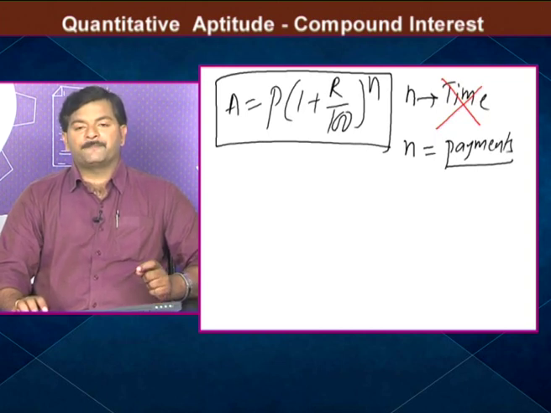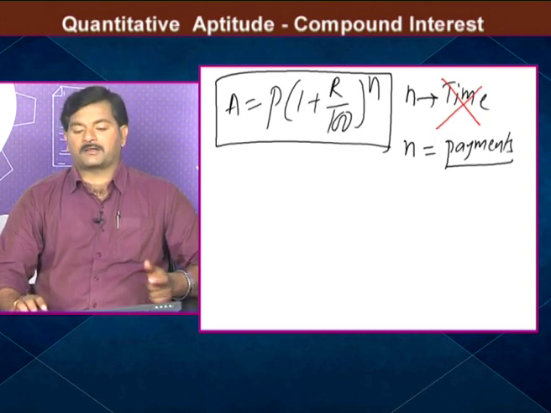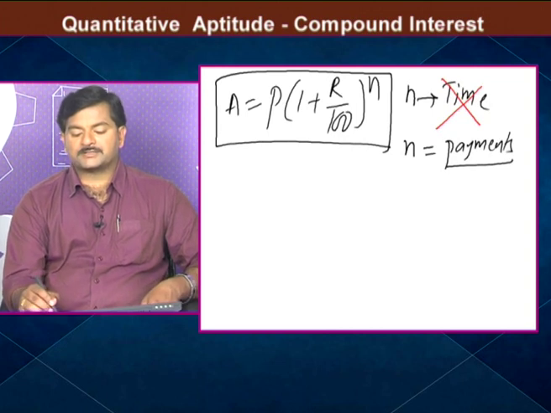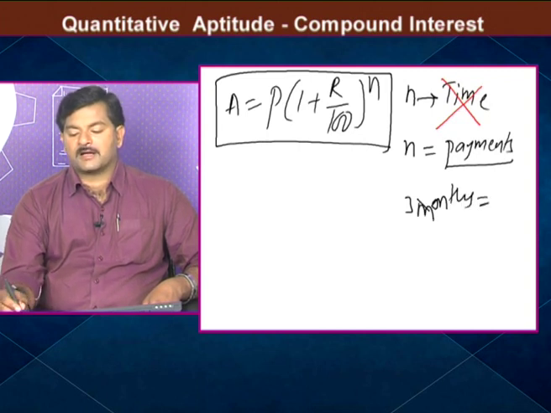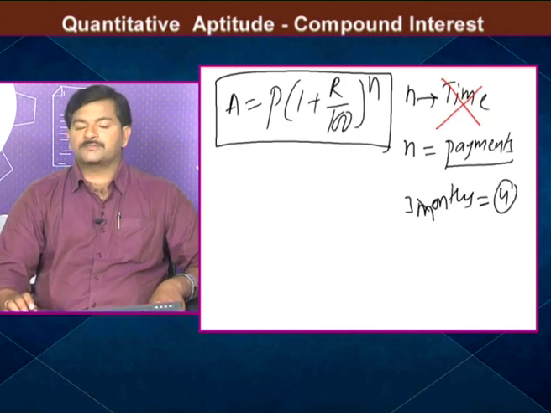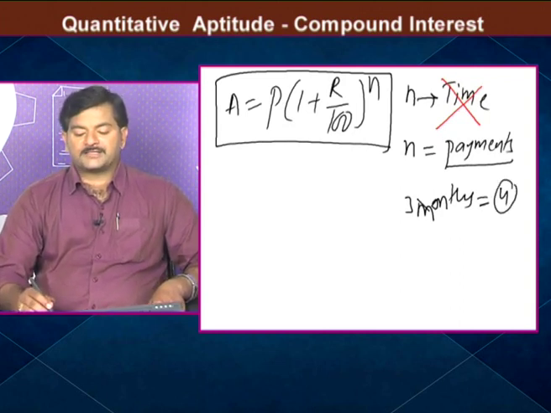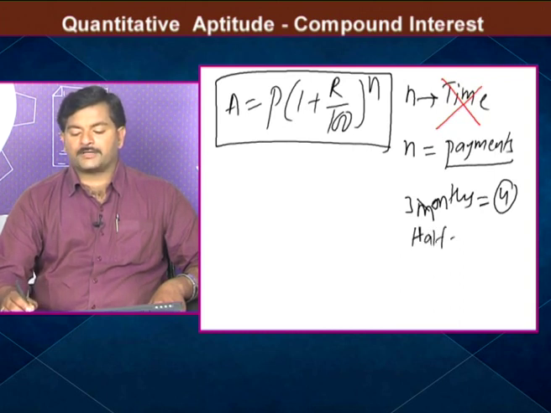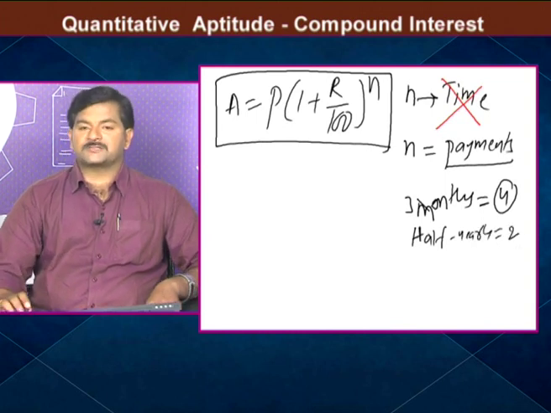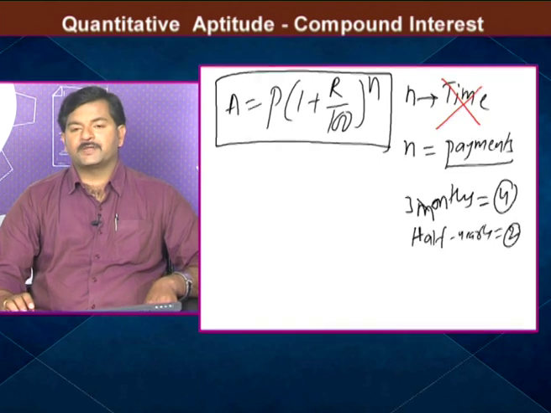For example, interest is compounded quarterly. If interest is compounded quarterly in a year, I have to pay the interest 4 times. If interest is compounded half yearly, then rate of interest must be for half yearly. Like that.